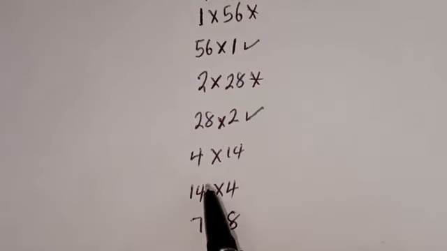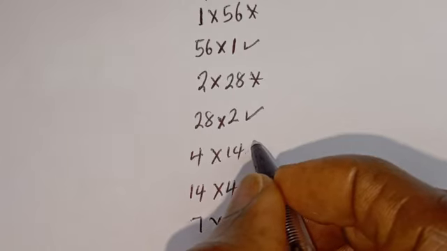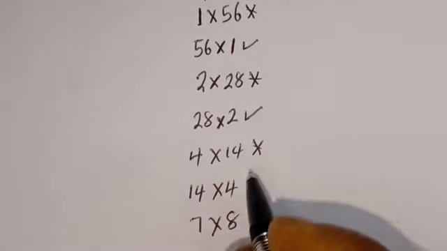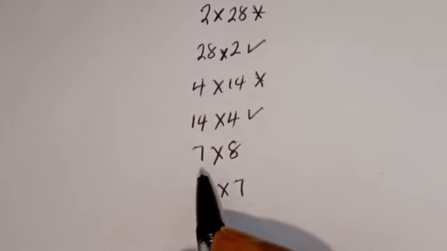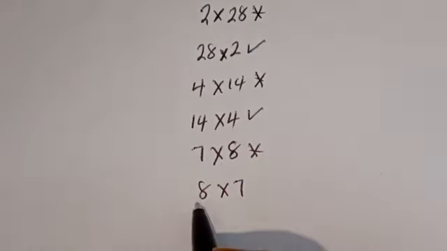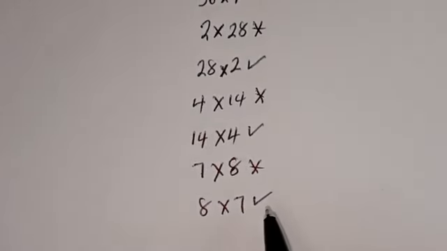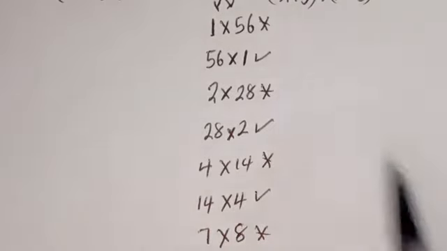Then also 4 is less than 14, this is cancelled. 14 is greater than 4, this is accepted. And here we have 7 is less than 8, this is cancelled. Then 8 is greater than 7, this is accepted. We have how many cases? 1, 2, 3, and then 4.